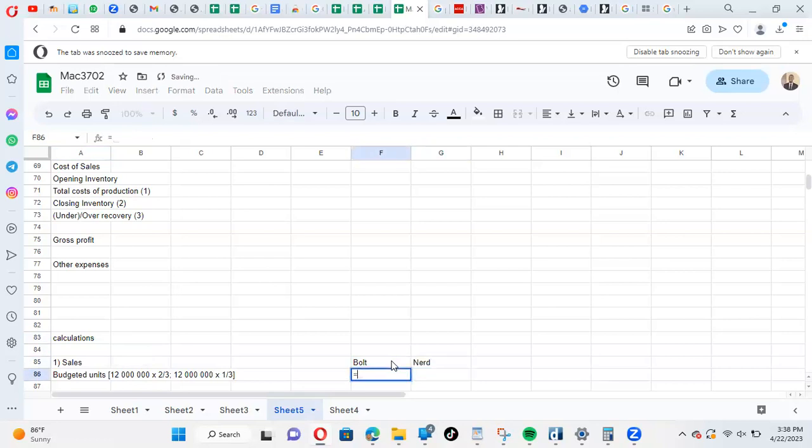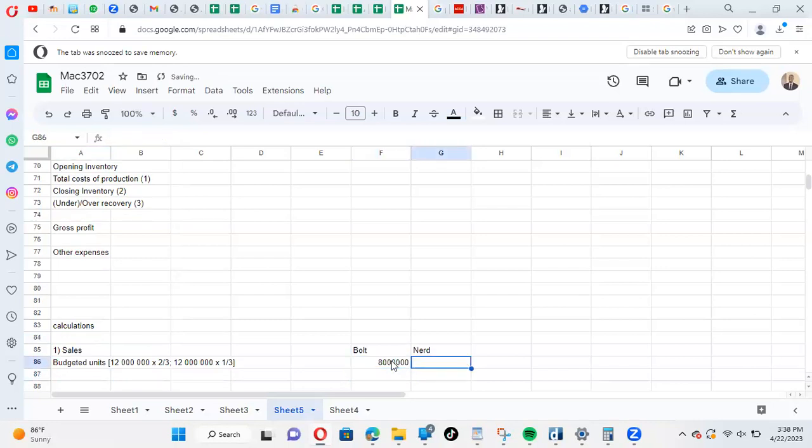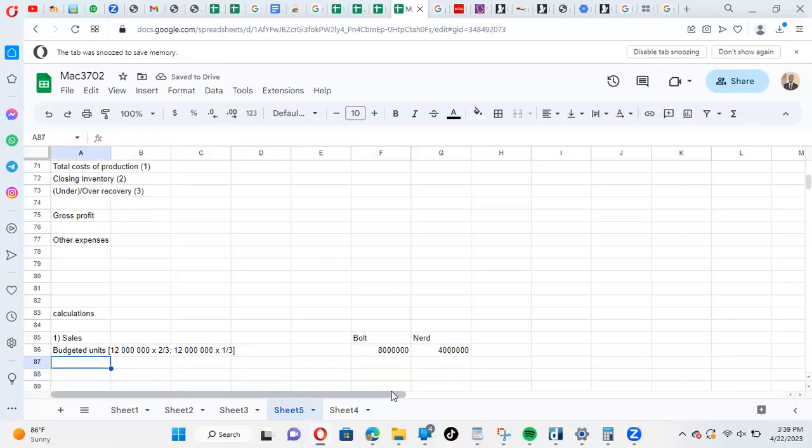So we do the calculation there: 12 million times 2 divided by 3. 8 million, ne? The other one should be 4 million, ne? 12 million divided by 3. That's 4 million. All right. So these are our sales.